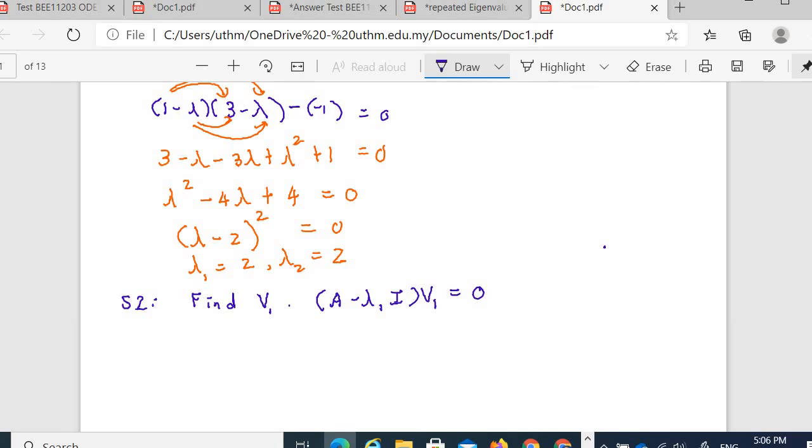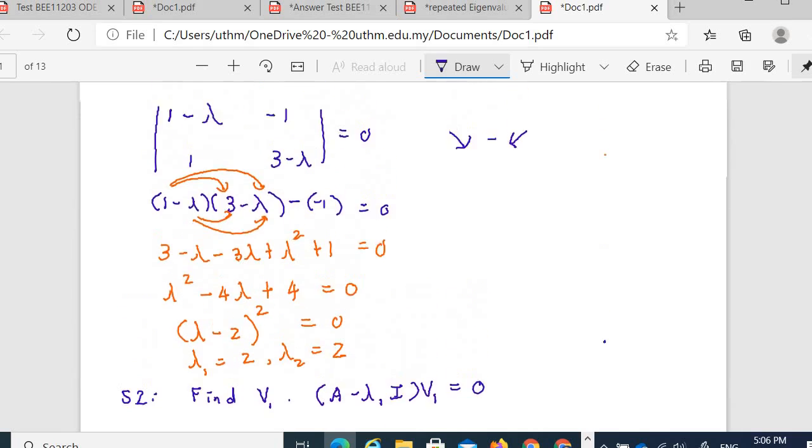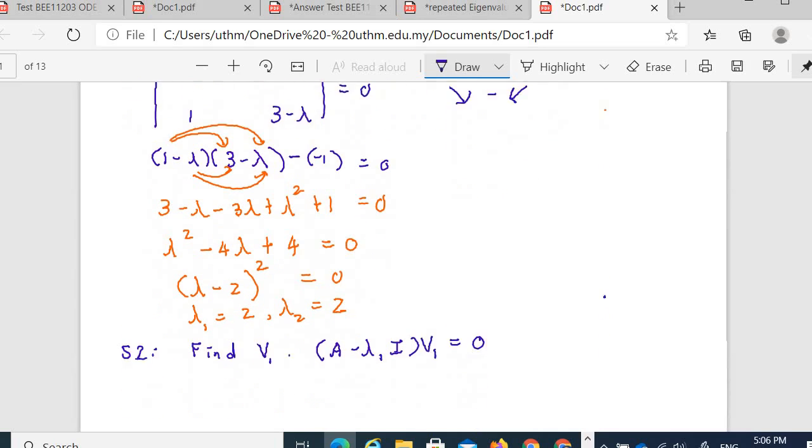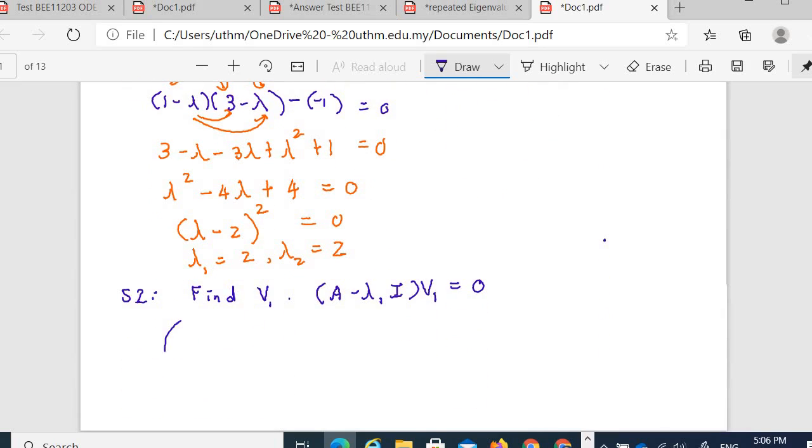Taking back your determinant just now, make it become a matrix, you just change it to round brackets. Lambda 1 is actually 2, so you have 1 minus 2, and then negative 1, 3 minus 2. So V1, let it equal to x and y, equal to 0.